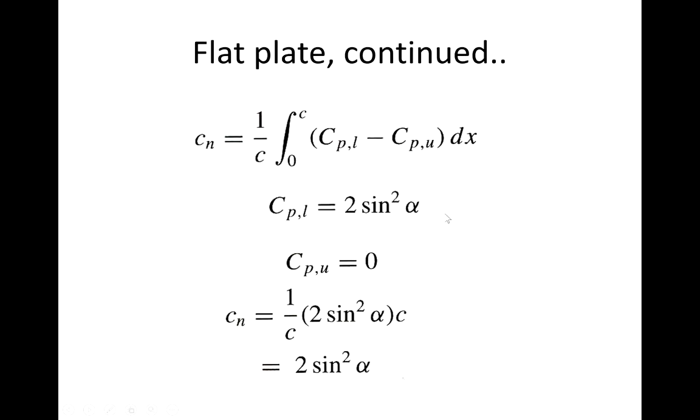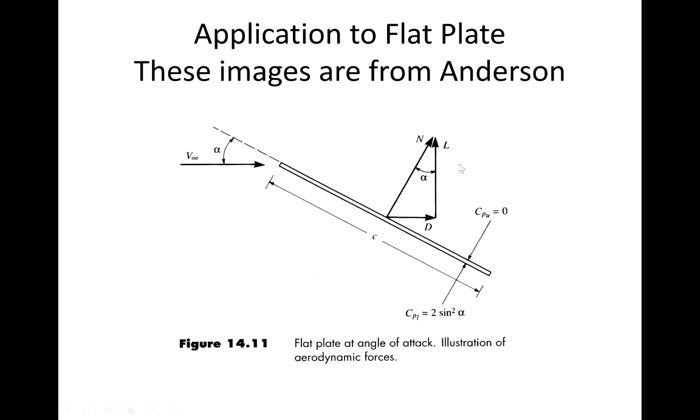So let's do the algebra. This is 2 times sine squared alpha. This is 0, so this is a constant. Bring it outside and integrate over the body from the leading edge of the flat plate to the trailing edge. So this is the normal force. Once you have the normal force, you could divide it into lift force, because this is Cn.